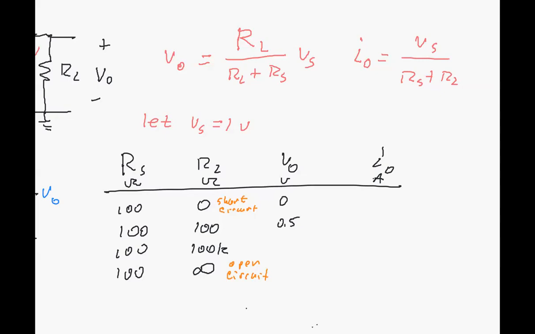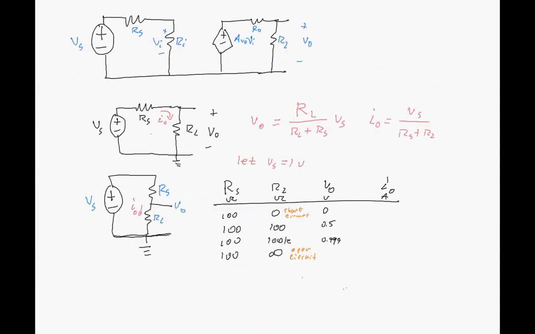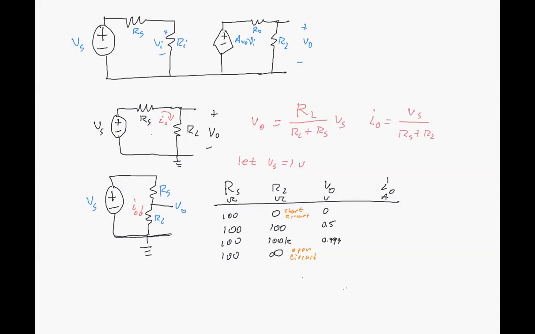And if we increase the load resistance to 100K, we get 0.999. Well, that's very close to the full voltage. And if we had the open circuit case, that is, if the load is just not there, if it's been removed, that would be an open circuit case. And in that case, we'd get 1 volt.